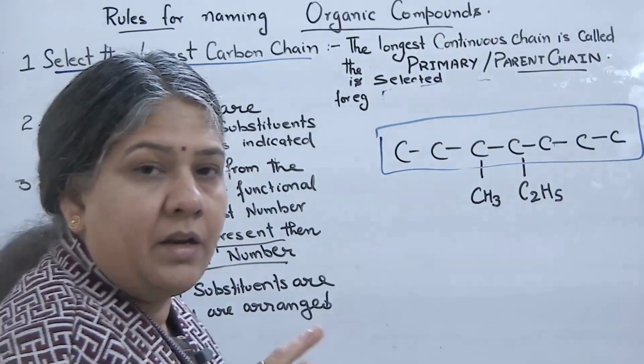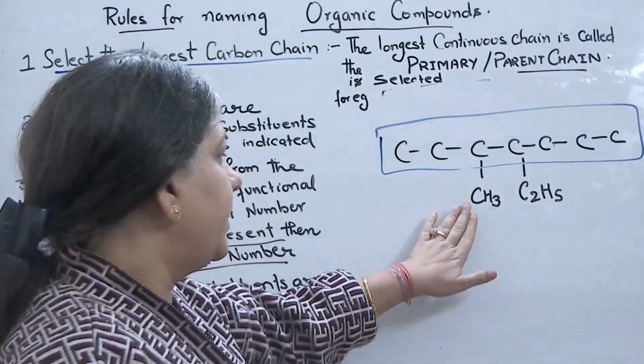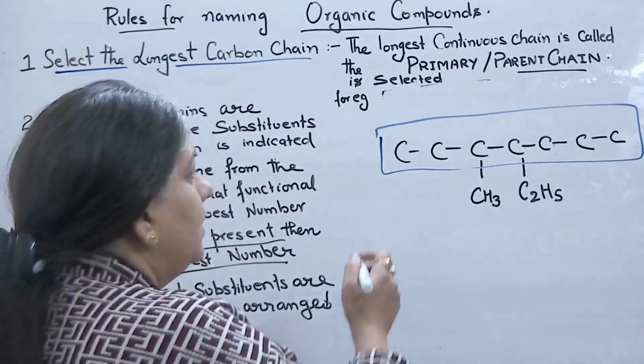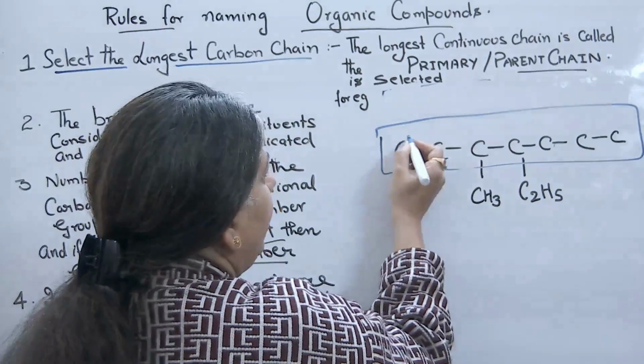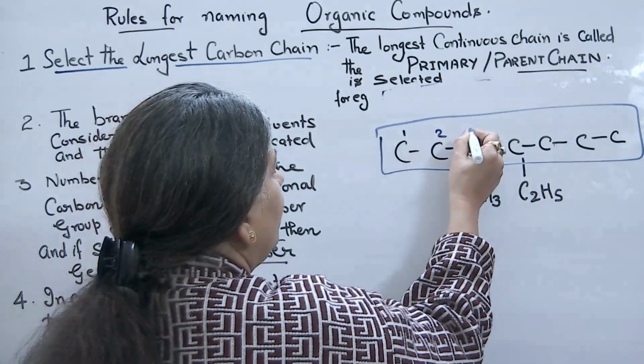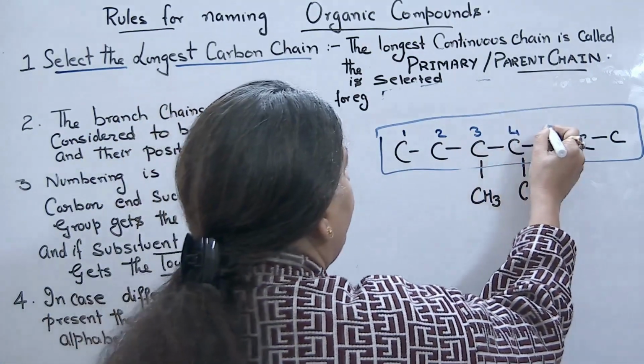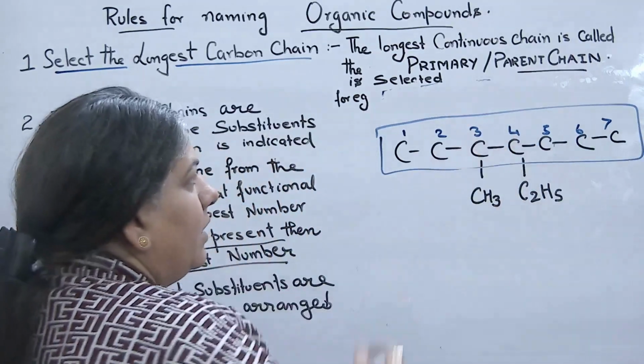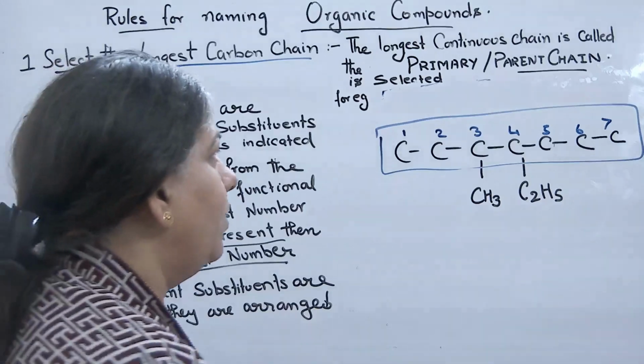And then next step will be, let's number such that the substituents get the least number. If we start numbering from here, 1, 2, 3, 4, 5, 6 and 7, the substituents are getting the numbers 3 and 4.